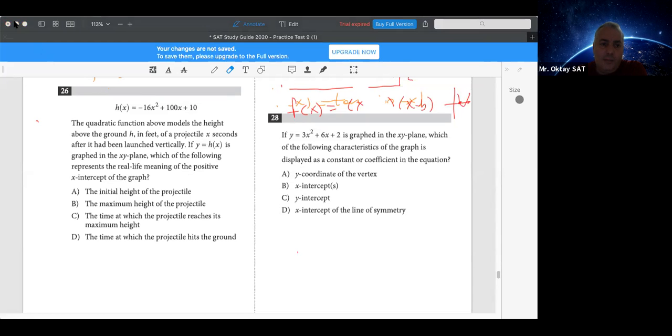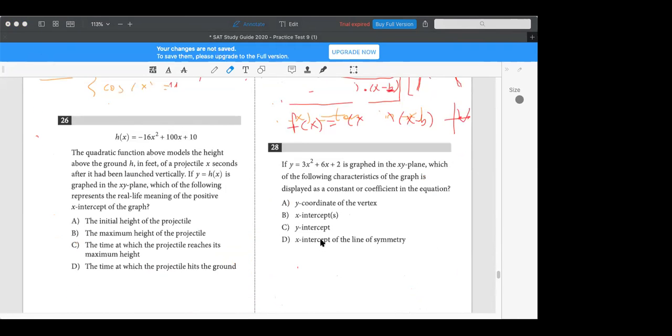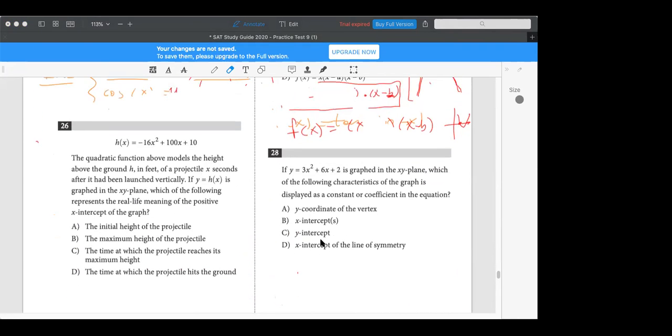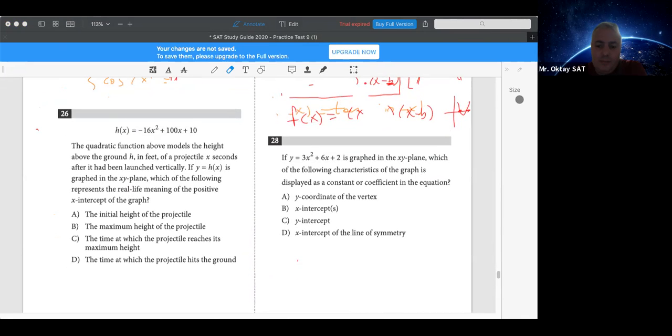D, I think. C or D? C, I think so. Because it's a quadratic function, not linear.